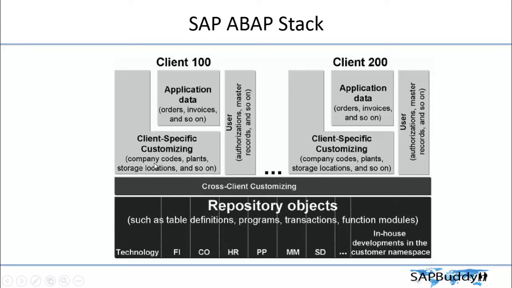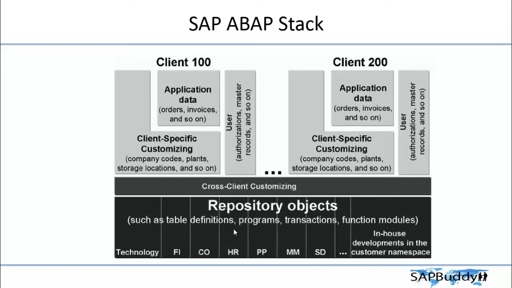You change the program, then it will affect all the clients. So when you execute the program from client 100, it will be the same, and client 200 also will be the same, and client 300 also will be the same. So this is very important to understand. The programs will affect all the clients because it is a repository object. This is applicable for all clients.